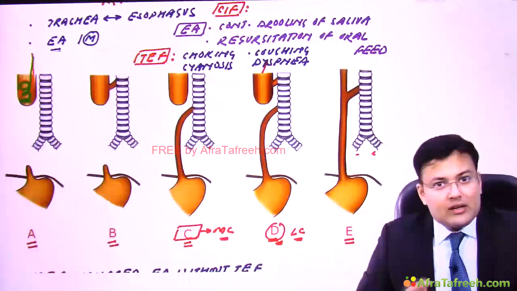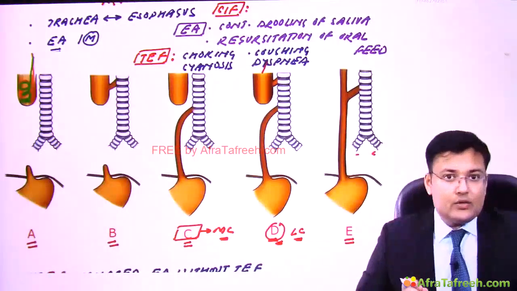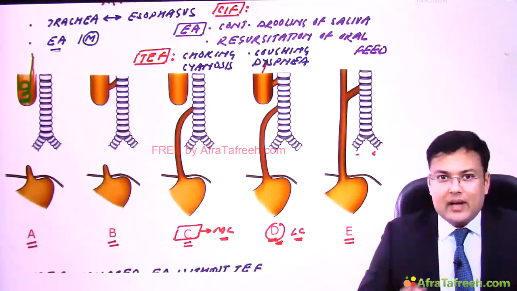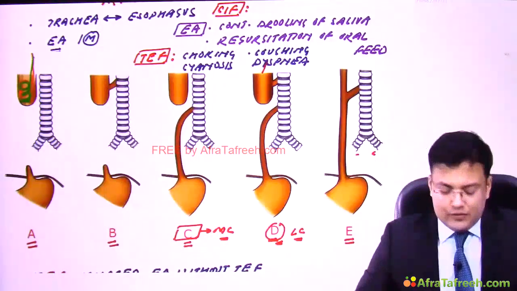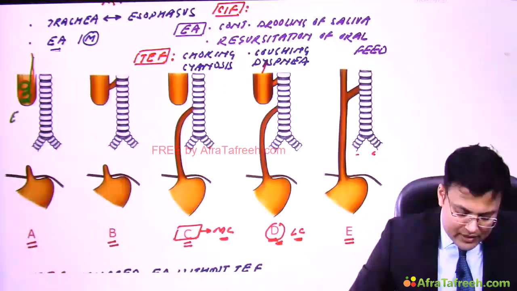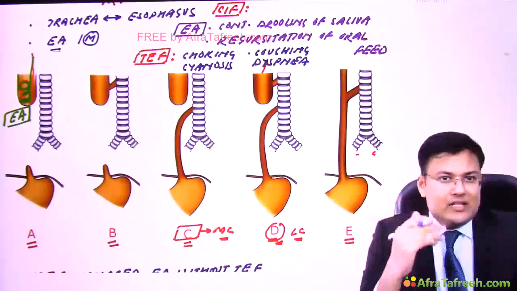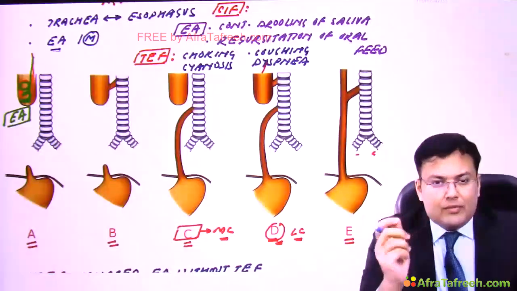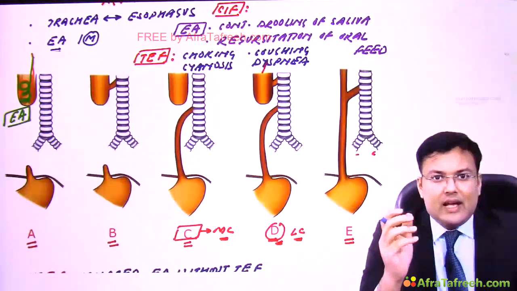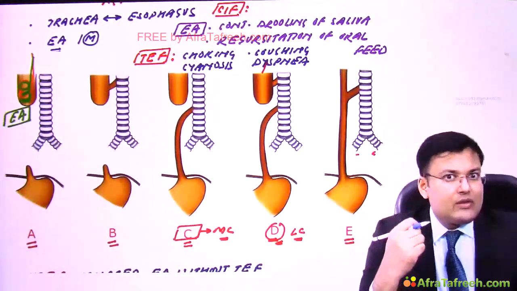So you cannot insert the nasogastric tube into stomach and the coiling will occur in esophagus. So this is suggestive of what? Esophageal atresia. One problem. Second, on X-ray you can see the coiling in the proximal part of esophagus and you are not able to insert it into stomach.